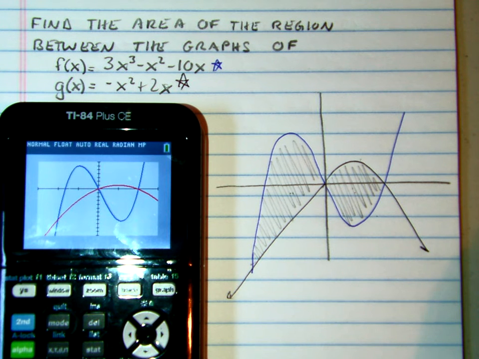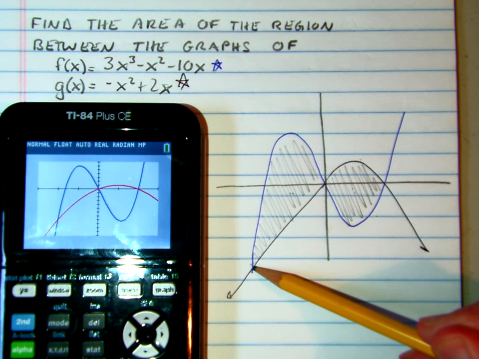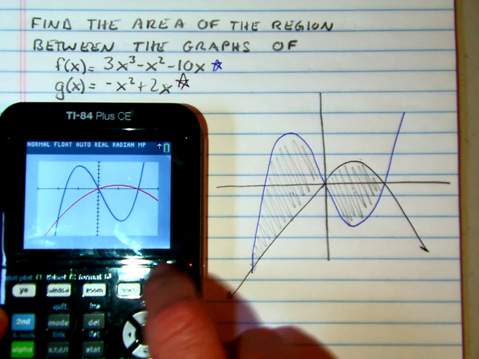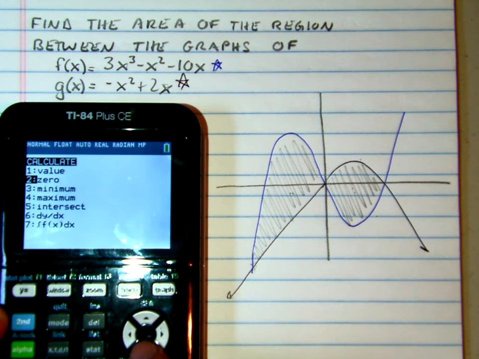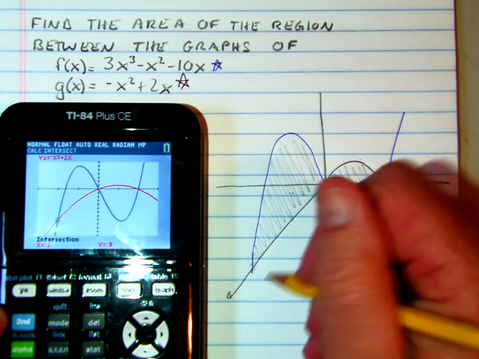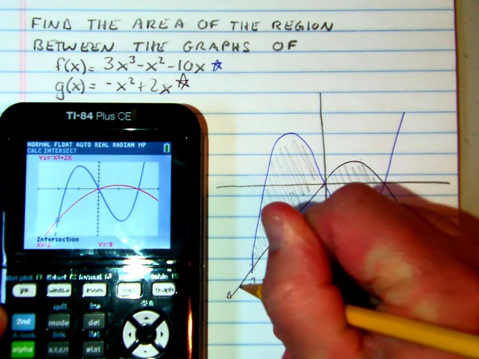Well, one of the things we need to find is where do we have our points of intersection here. So I'm going to find this one here, the one on the furthest left. Second, above trace to get to the Calc menu, the intersect option, and we get -2, -8 for that point of intersection.